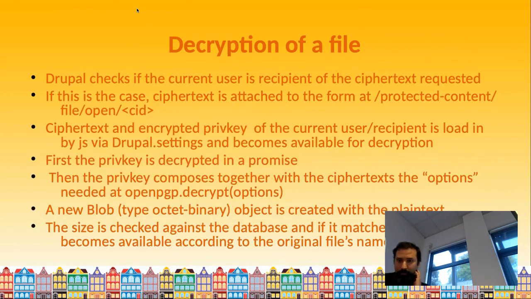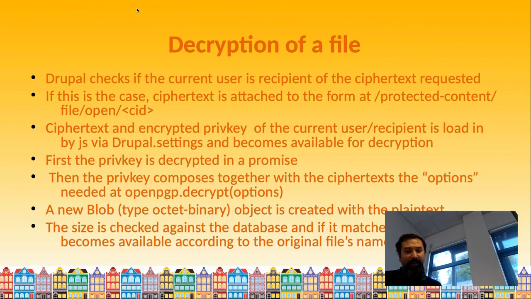So Drupal checks if the current user is the recipient of the ciphertext requested. If this is the case, the ciphertext is attached to the form at protected content file open, ciphertext ID. The ciphertext and the encrypted private key of the current user, the recipient, are loaded in by JS via Drupal settings and become available for decryption.